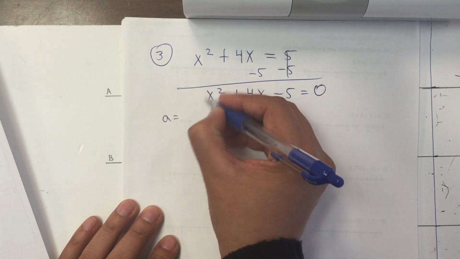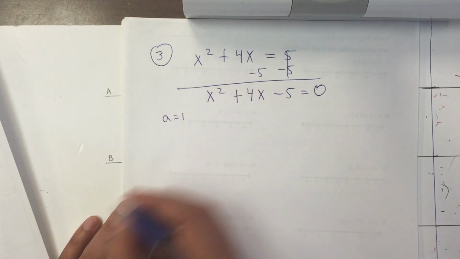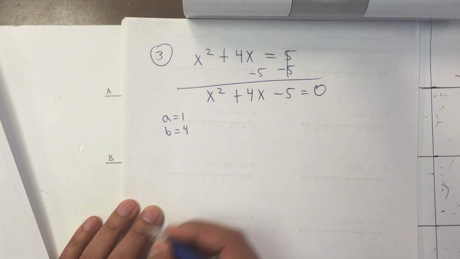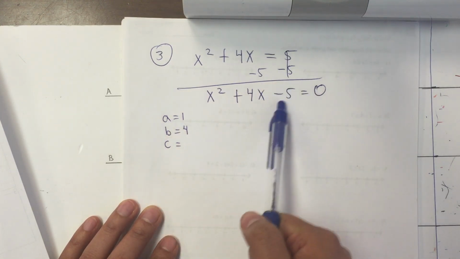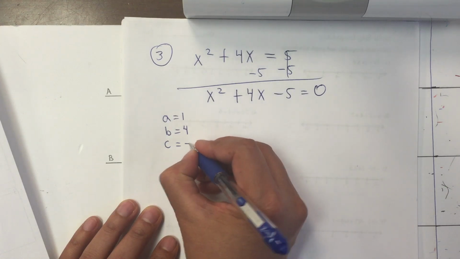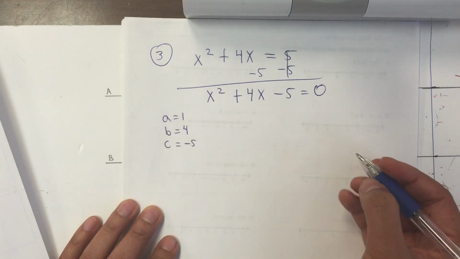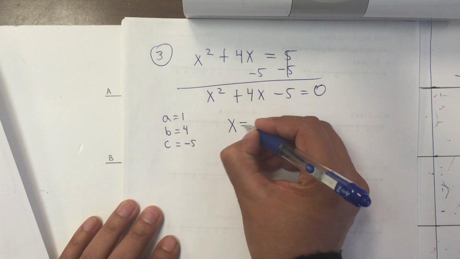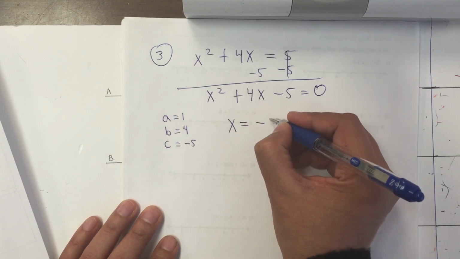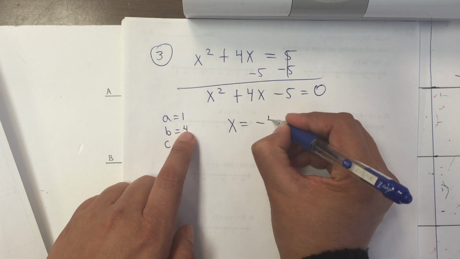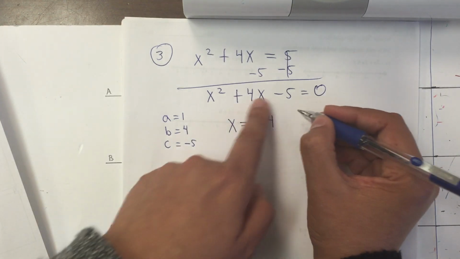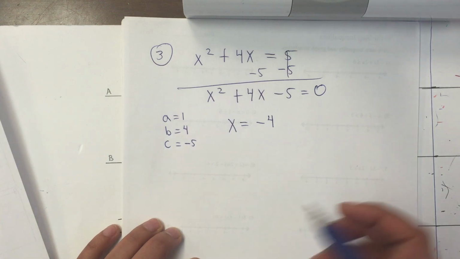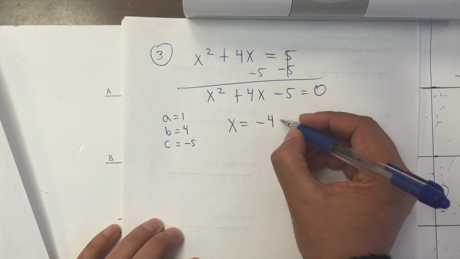And so a equals 1, b equals 4, and c equals negative 5. Okay, so we start with the equation x is equal to negative b, which is 4. I recommend that you write the equation, but just so that this video is not that long, I'm going to skip that part.